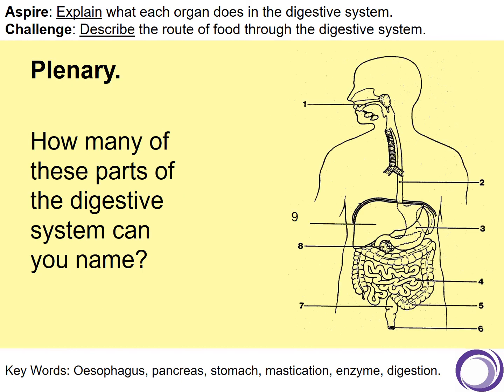So just a quick plenary. There are 9 parts of the digestive system. I just want to see if you can name those parts. So just 1, 2, 3, 4, 5, 6, 7, 8, 9 in your book, and then try to label them. Off you go.